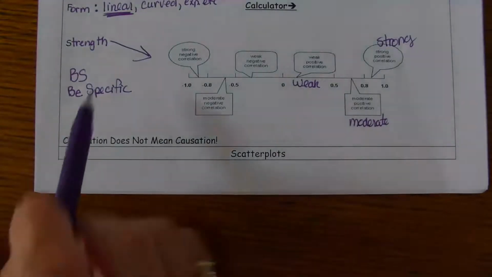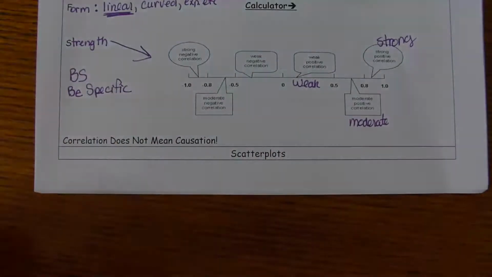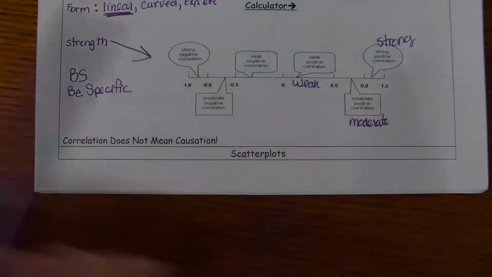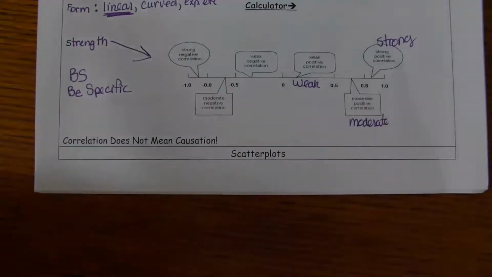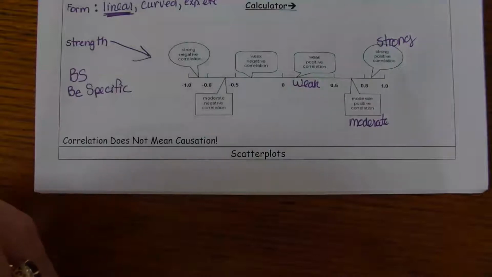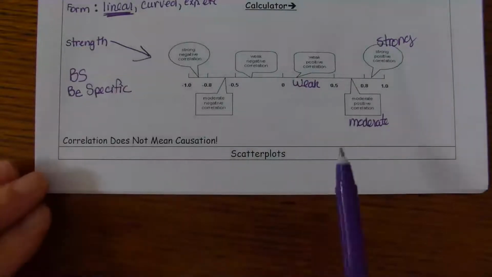We want to say, oh, it is trending up in a positive direction in a linear format with a weak to moderate strength. We want all those words in there. Can you look at this list if you take a test? Yeah, it's right there in your notes. We could even write it down on a brain if we want to, right?